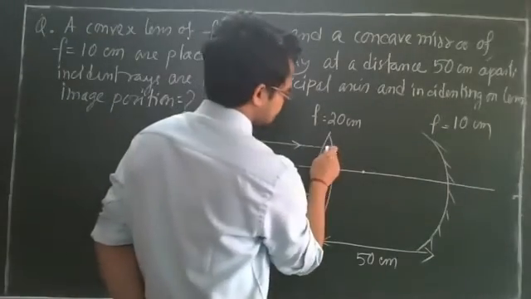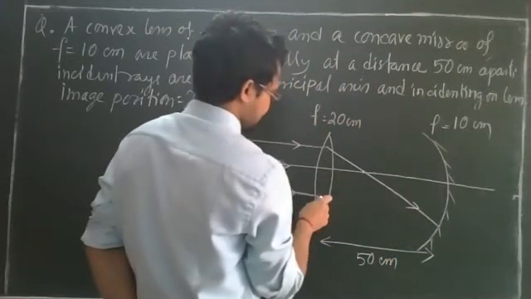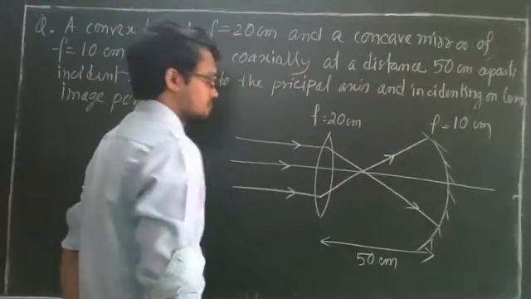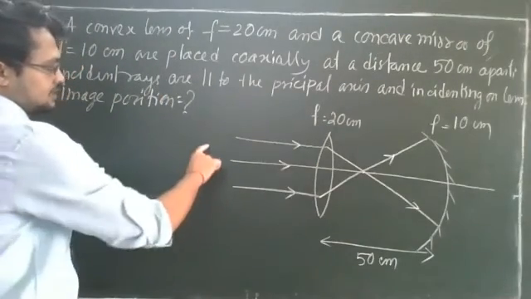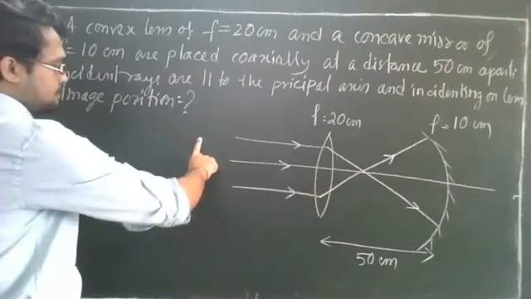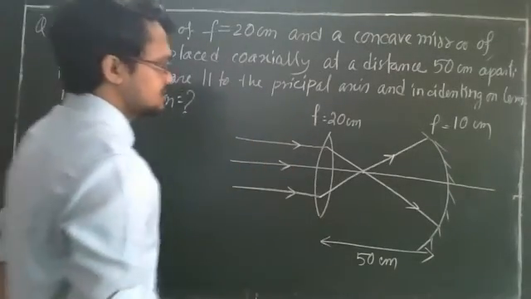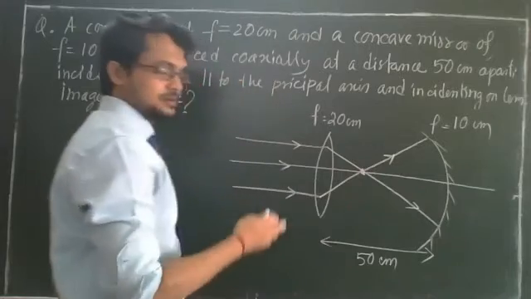They will pass through the focus. That means, due to the object present at infinity, rays are coming from infinity parallel to the principal axis. The image will be formed here, right? Image will be formed here.